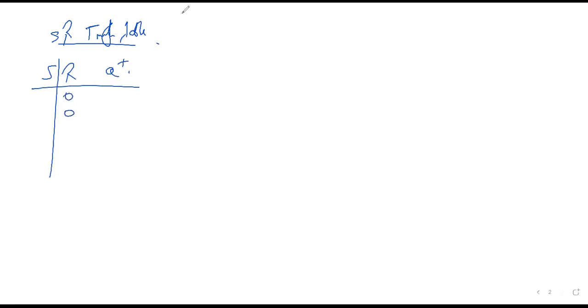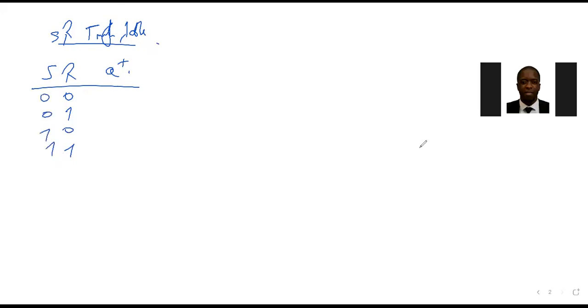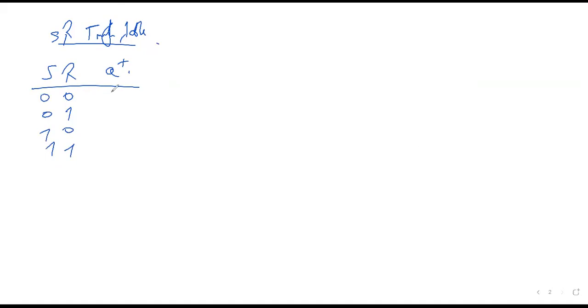Zero, zero, 1; 0, 1, 0; 0, 1, 1. We know that this is the memory state, this is the reset state, this is the set state, and this state doesn't exist.